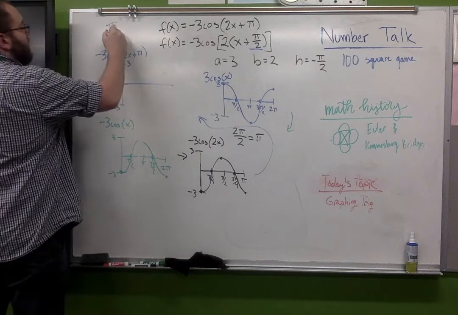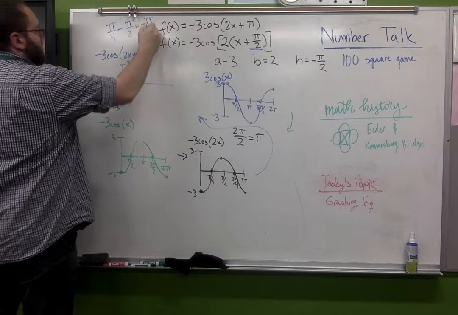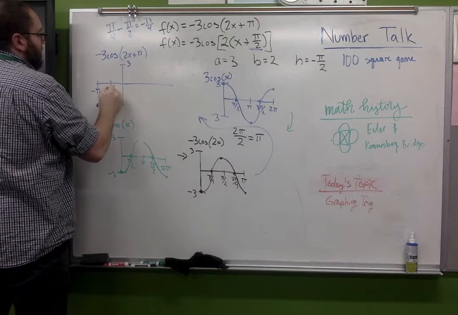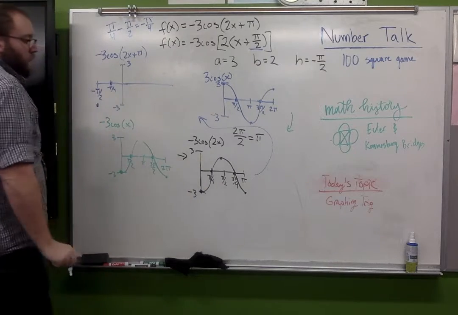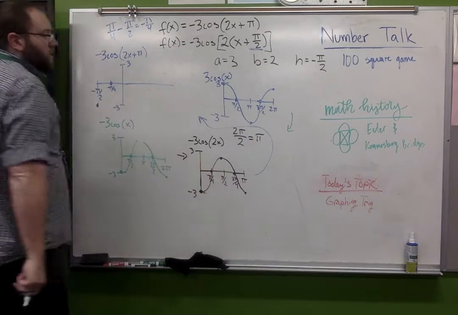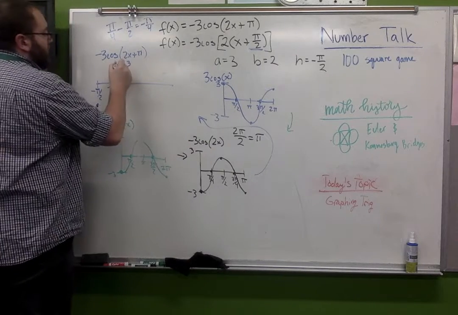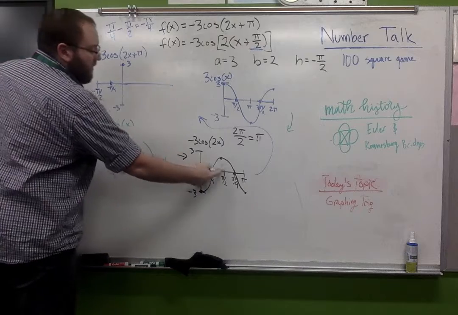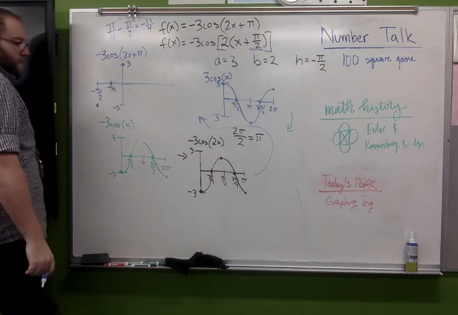So I take pi over 4 and shift it to the left pi over 2. I get negative pi over 4, and that's at 0. Right? It was at 0 originally. Pi over 2, if I shift it to the left pi over 2, I'm at 0. So now I'm at 0, comma 3, right? Because it was at 3. The y value is 3. So it's still at 3.